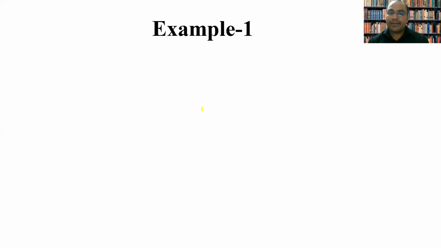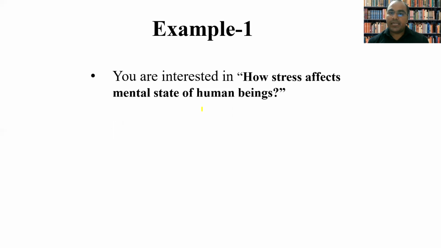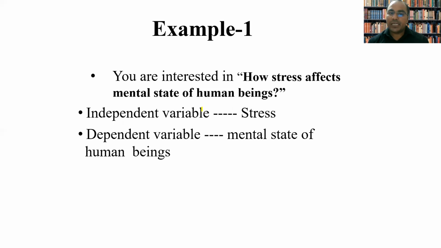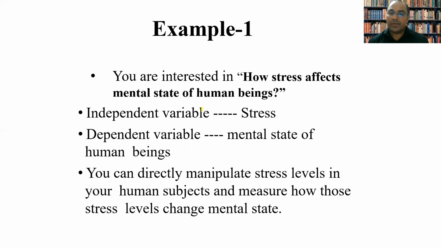For example, you are interested in how stress affects the mental state of human beings. So the independent variable is stress, and the dependent variable is the mental status of human beings. You can directly manipulate stress levels in your human subjects and measure how those stress levels change mental state.